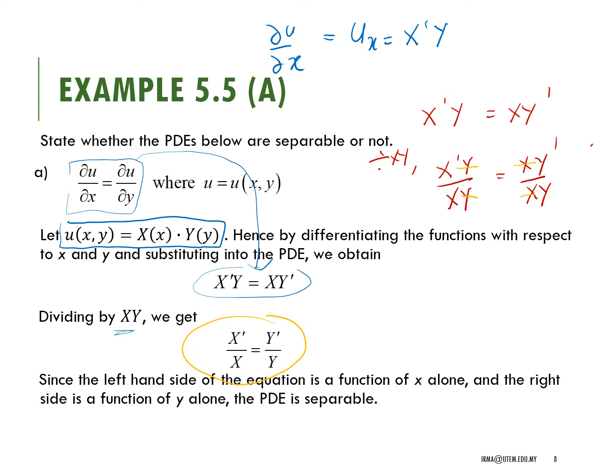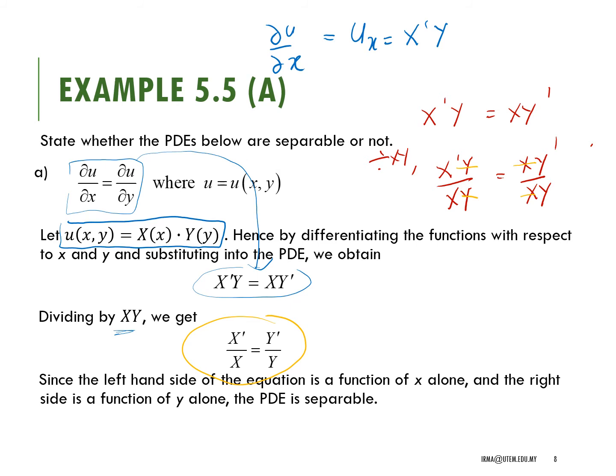Okay, and since the right hand side is in terms of y, and the left hand side is in terms of x, it means that you can separate the variables into two different sides.